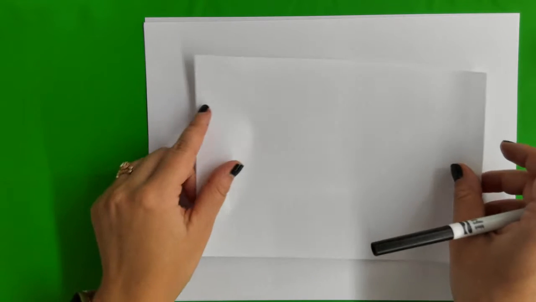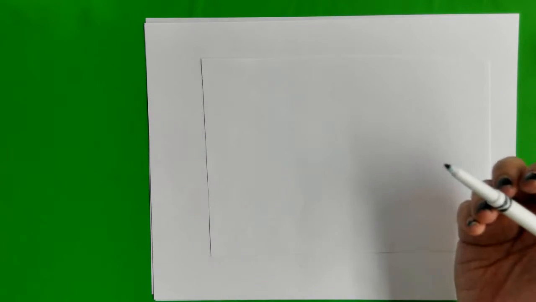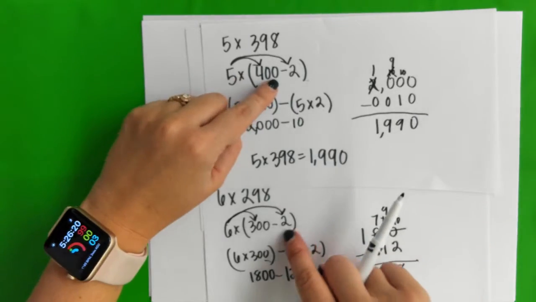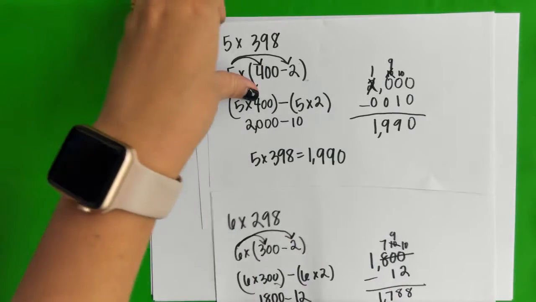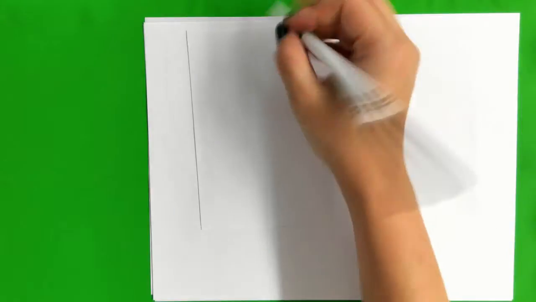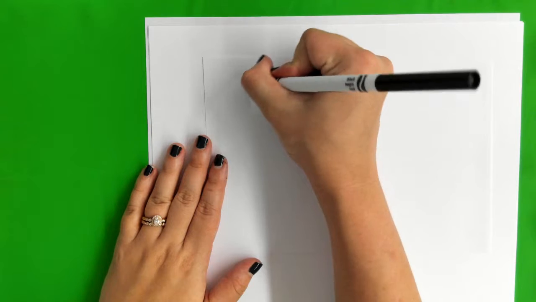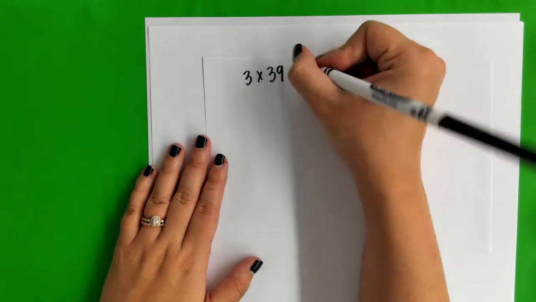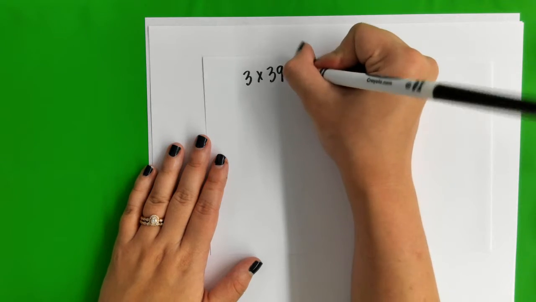We can also, instead of just subtracting 2 like we did on our last 2 problems, where we subtracted 2 because our number ended in 98, let's say we had 3 times 394.